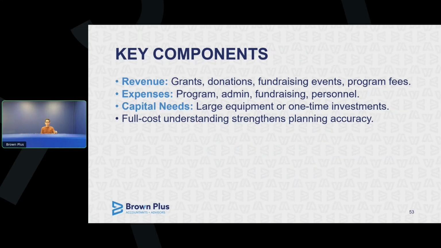Fundraising costs support your development, such as donor software, marketing, printing, event expenses. Then the final item is capital or special projects. These aren't part of your normal operations. These might be things like replacing equipment, major building renovations, or technology upgrades. They're important because they require special, separate planning and funding.